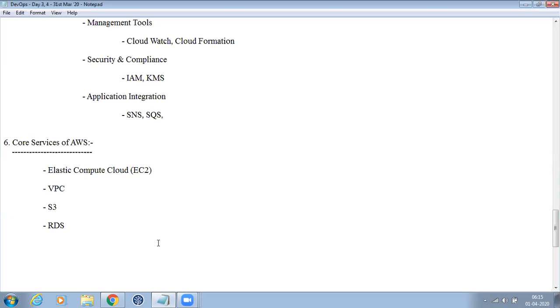Next, Virtual Private Cloud. That's called VPC. Next, storage support services.